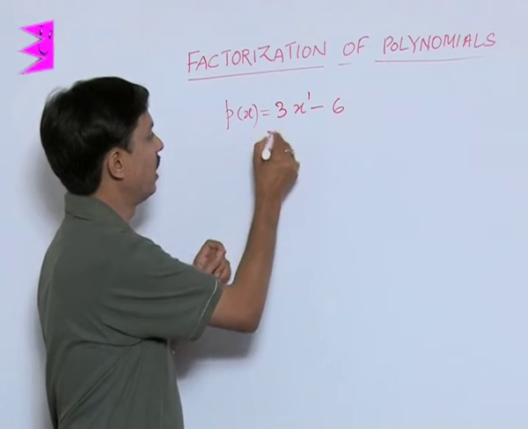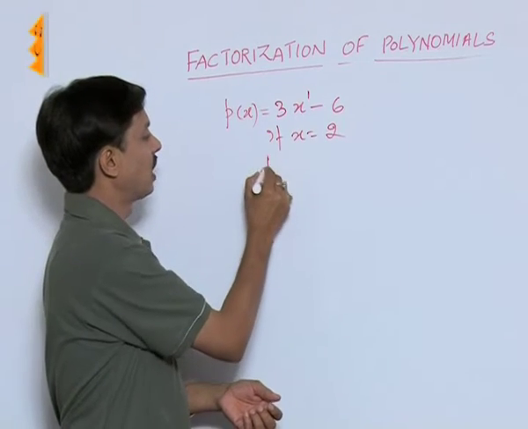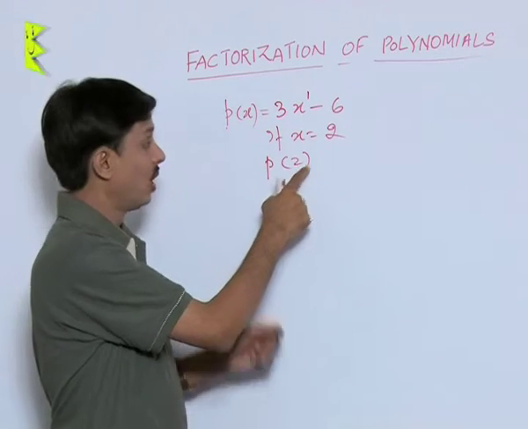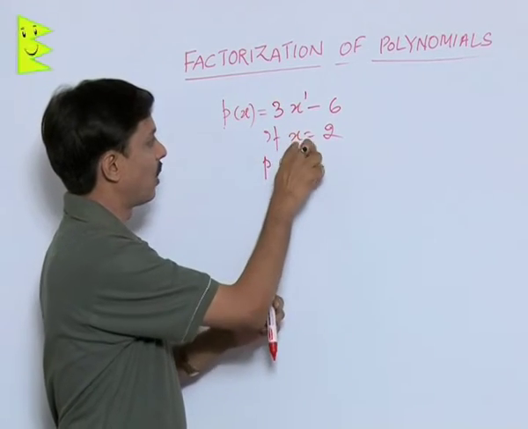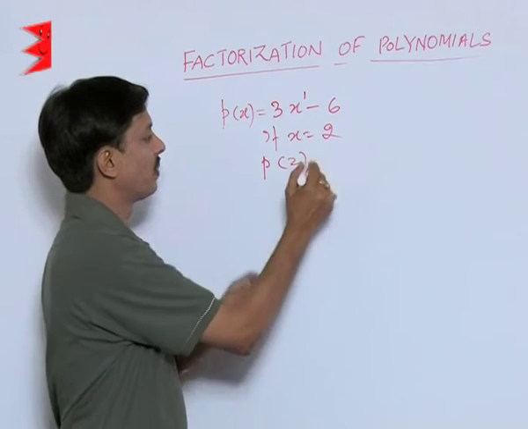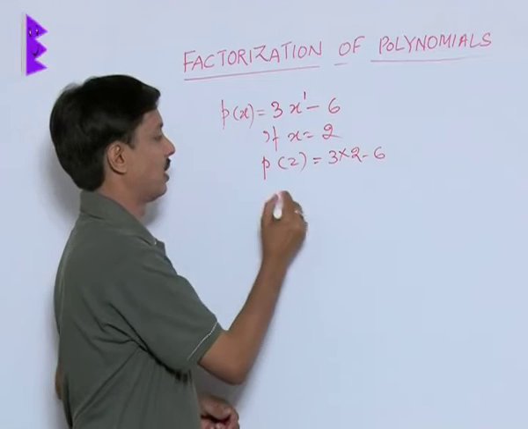If I say x is equal to 2, then p(x) becomes p(2). What I am doing is, in place of x, I am supplying 2. p(2) is equal to 3 into 2 minus 6.